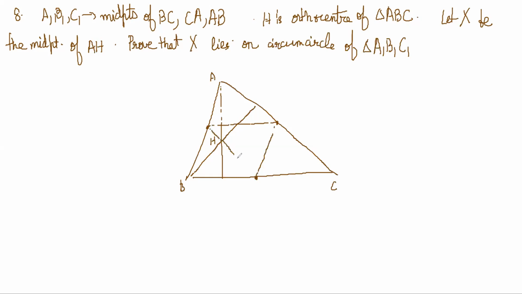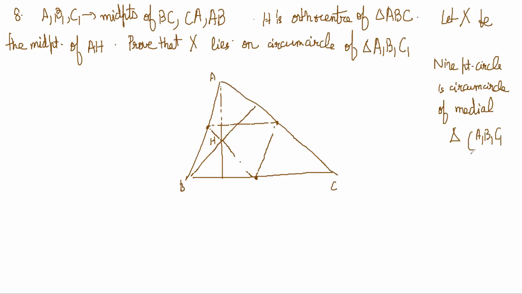So that also tells us one nice thing, that the 9-point circle is the circumcircle of the medial triangle, that is A1, B1, C1. And which immediately implies that the radius of the 9-point circle will be R by 2, right? If the circumcircle of the original triangle has radius R, then the medial triangle is half the original triangle, so the radius is R by 2, right?